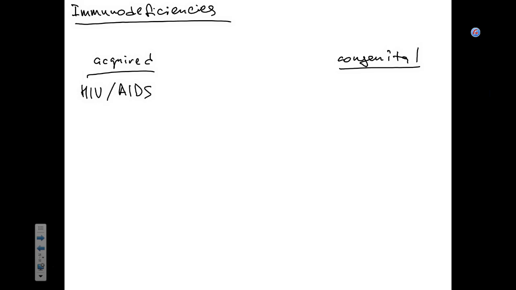Something else that depresses the immune system. Cancer. Yep. Solid organ cancer will depress the immune system. Leukemia too, although there are a lot of white blood cells, they're all pretty much dysfunctional. Any other?